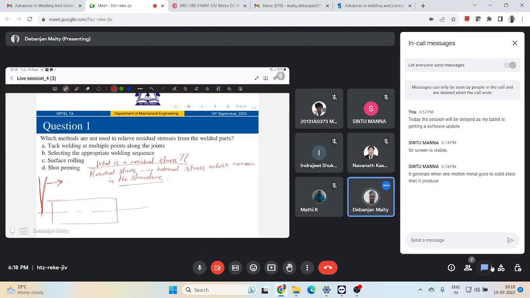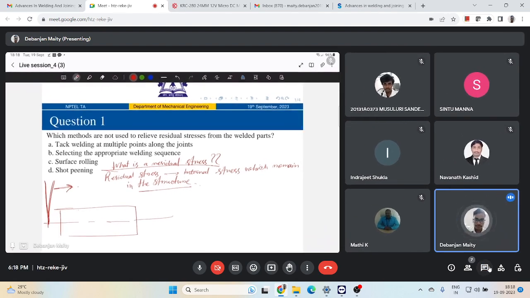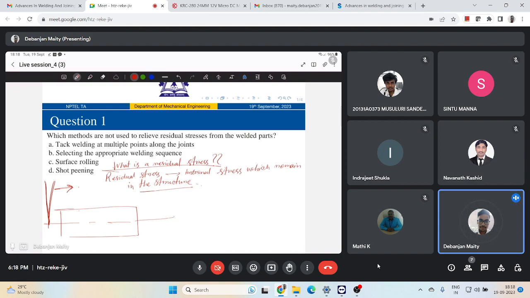You have typed that it generates when molten metal goes to solid state, then it produces residual stress. Yes, but it's not obvious that you have to go to the molten state for it to generate residual stress.